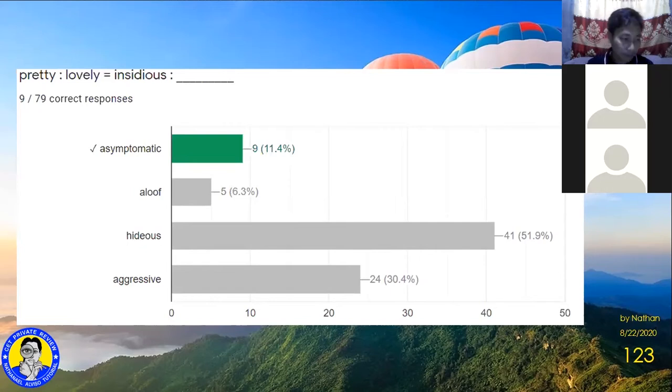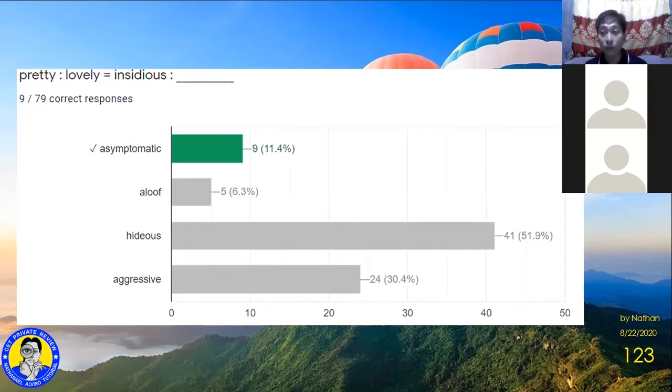Like, what do you call this? Mapagtago. It could refer to not only symptoms but secretly hiding your intentions. So you say hideous, okay? Aggressive. I don't know why others answered aggressive.